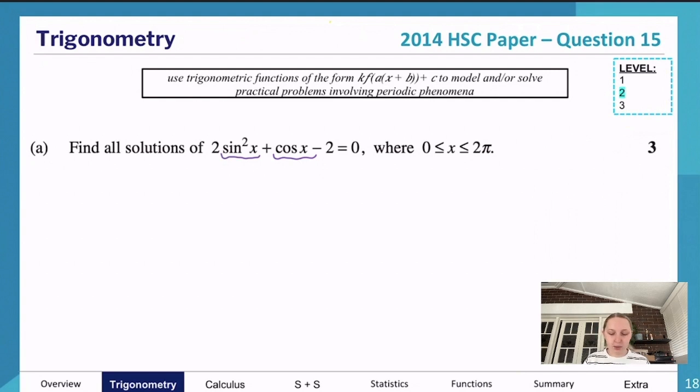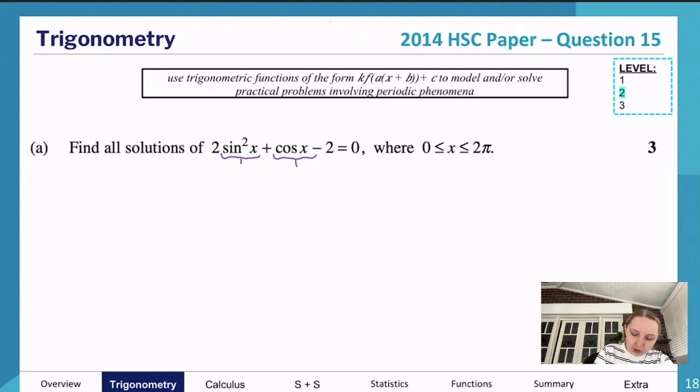So the first thing we want to think about is how can we change one of these to be like the other one, right? This is something super important about manipulating one of the formulas on your formula sheet. And this will be the hardest part of the question, doing this first step.